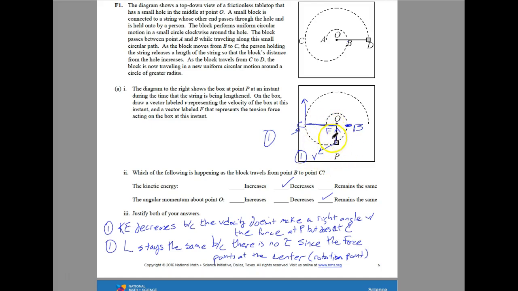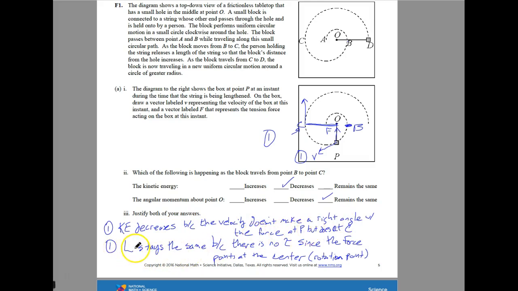And because of that, we are going to say that the kinetic energy decreases because the velocity doesn't make a right angle here. Neither does it right here. It does at point C, but from B to C, it does not do that. It gets closer and closer to it as it gets to C, but it's pretty far out.